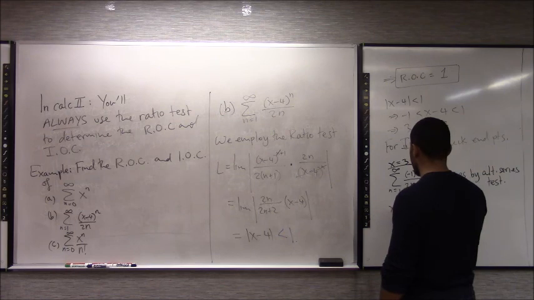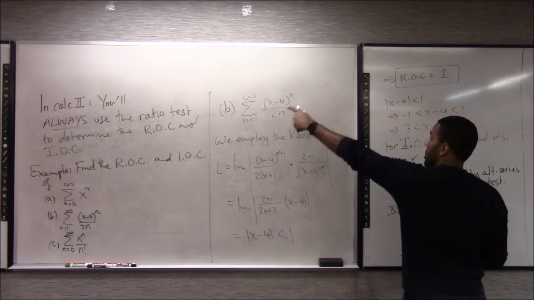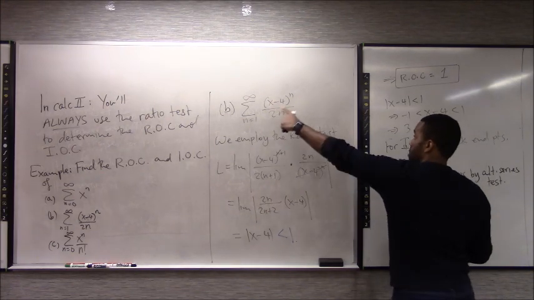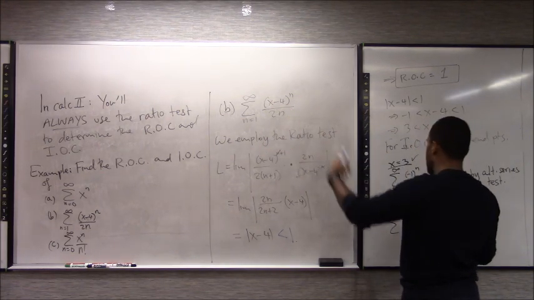Okay, what about at x equals 5? Well, I'll go to this original series and plug in 5. I would look at 5 minus 4, that's actually 1. 1 to the n is 1.